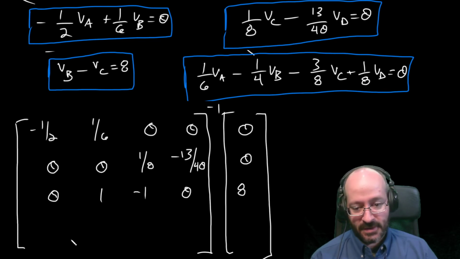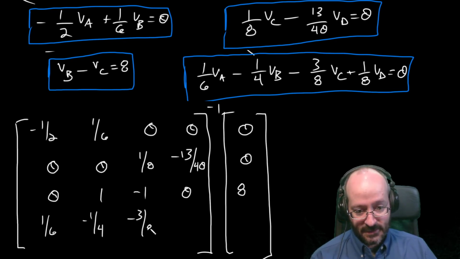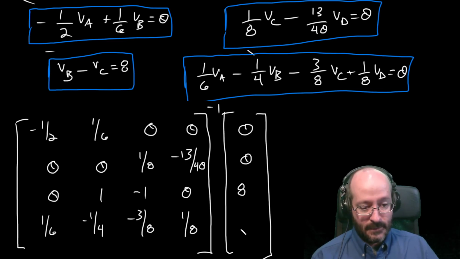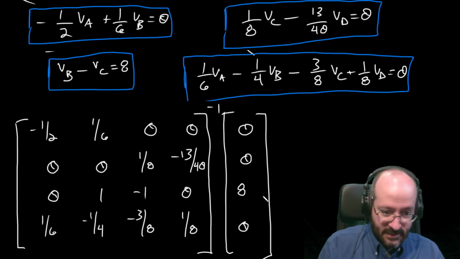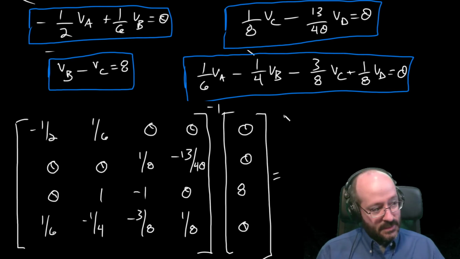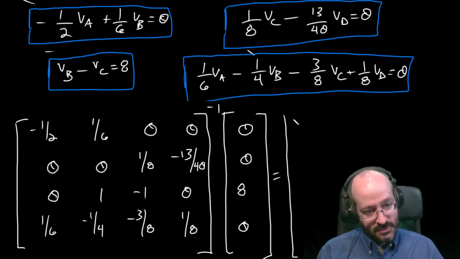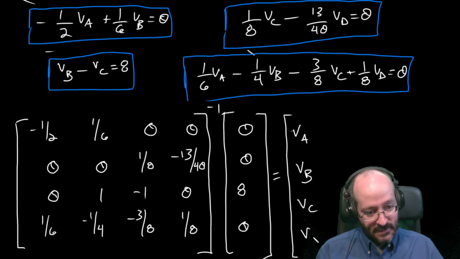Last one, this monstrosity, 1/6, negative 1/4, negative 3/8, and 1/8. Okay, and that's 0. All right, doing that little bit of linear algebra, and we're going to get VA, VB, VC, and VD.